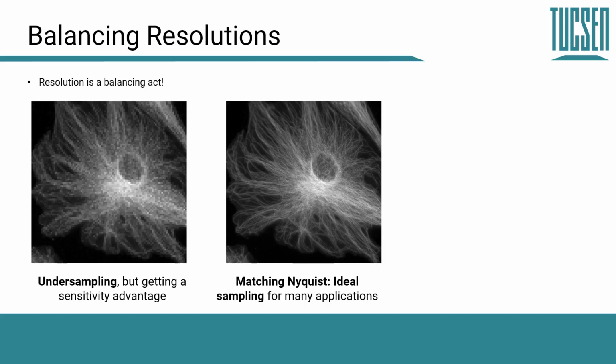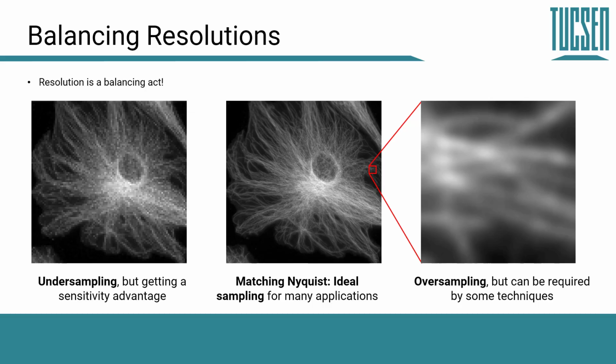If we're matching Nyquist, that's the ideal sampling for many imaging applications to get the best detail that you can from images. And finally, oversampling is not usually desirable, but it can be required by some advanced imaging techniques, though that is relatively rare. Usually oversampling is something you want to avoid.